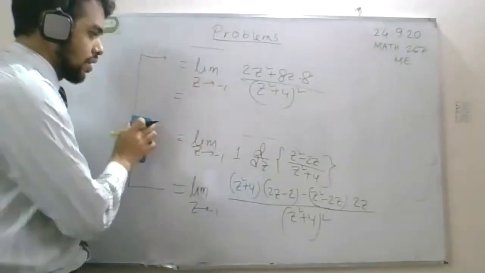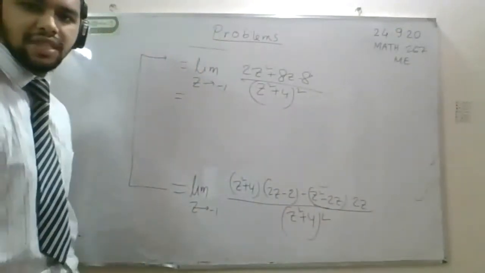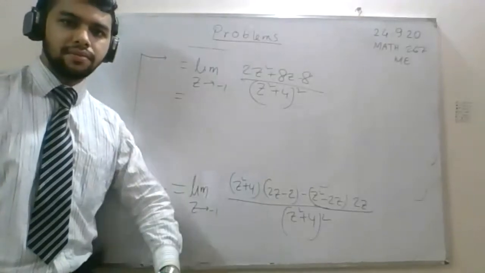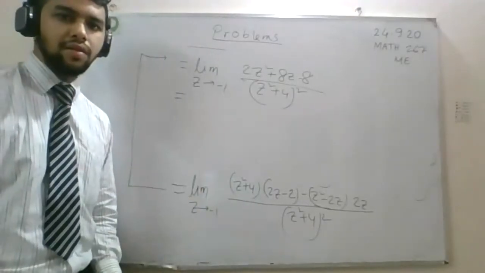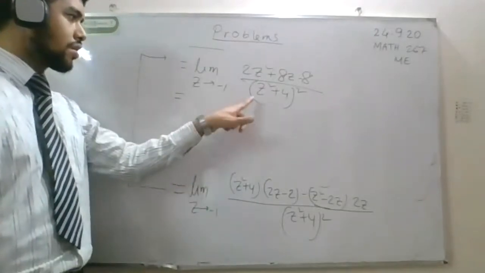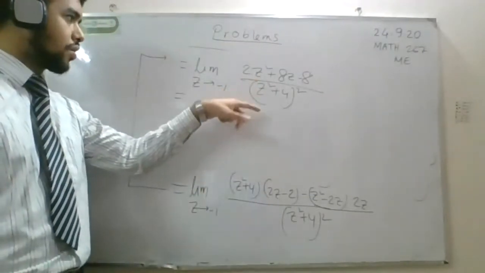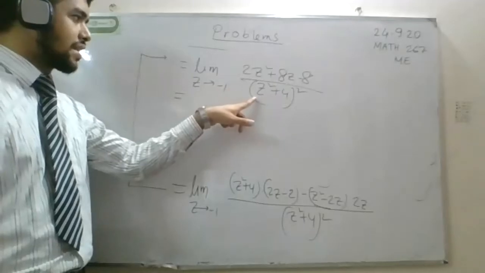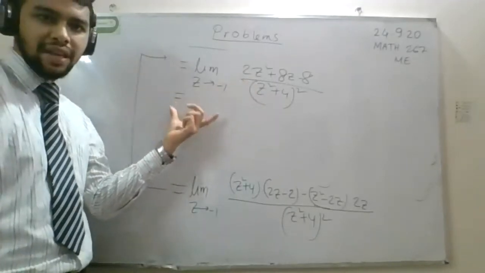What do we have to do now? You have to put z equals minus 1. If you put z equals minus 1, you get a finite result.